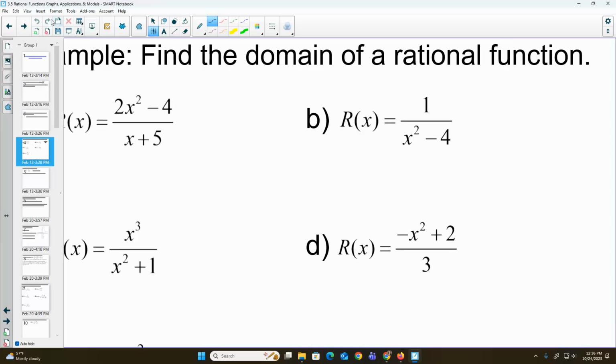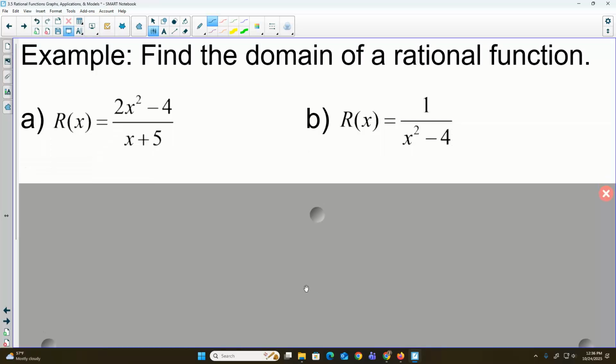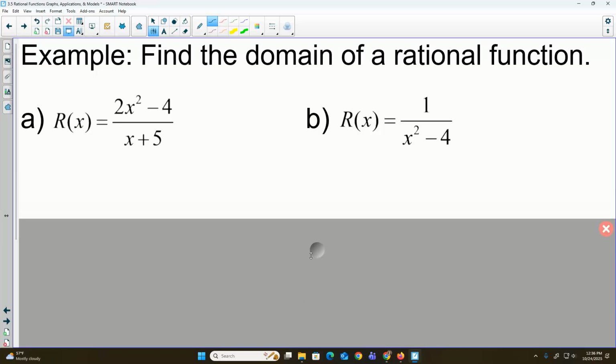So if I asked you to find the domain of these rational functions, I'm asking you to find what x can be. So on A, all we have to look at is what?